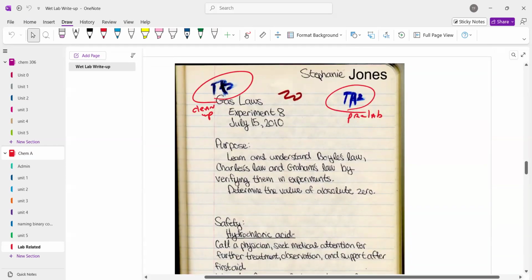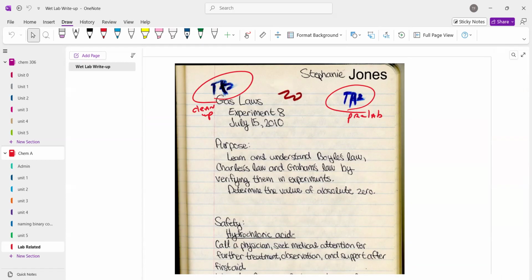Now, when I copied this, we weren't using Canvas, so they actually had to turn in the lab to me, as opposed to uploading in Canvas. All labs, dry and wet, are going to be scanned with a scanner on your phone, converted to a PDF file, and then when you click on the assignment for that lab, it'll prompt you for a file.